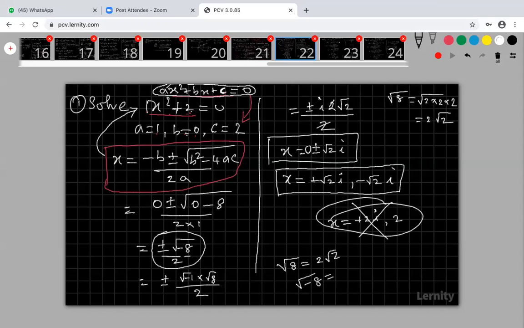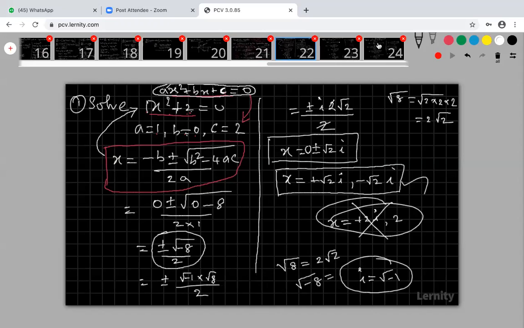So I am splitting it into minus 1 and root 8. Root of minus 1 is the symbol i. My root 8 is 2 root 2, cancelling 2, I am getting i root 2. Plus i root 2 is one answer, minus i root 2 is the other answer.